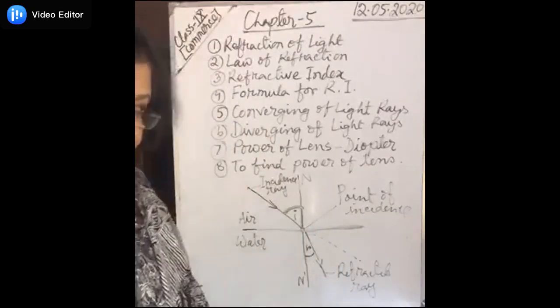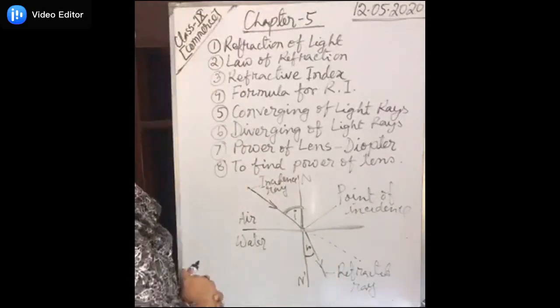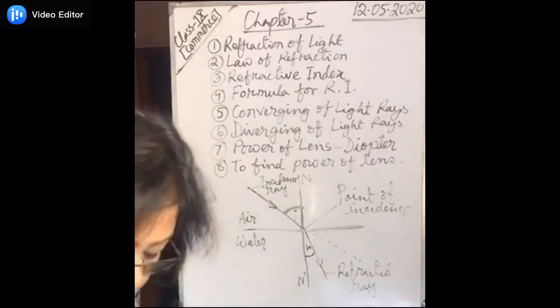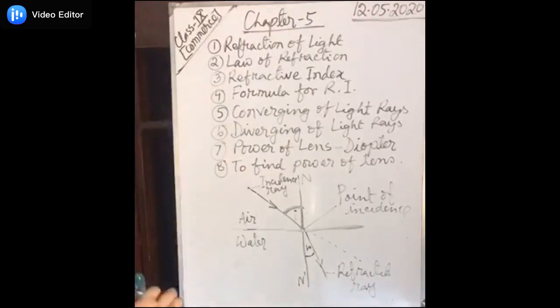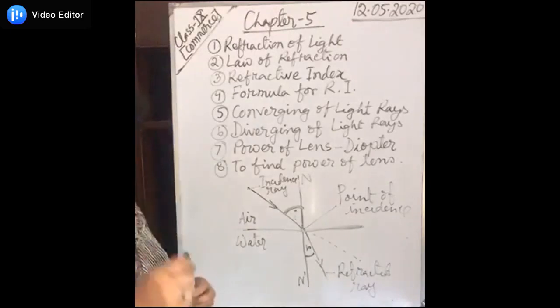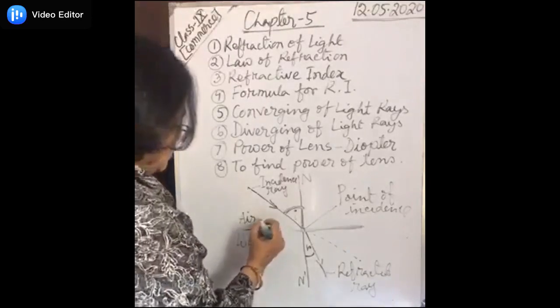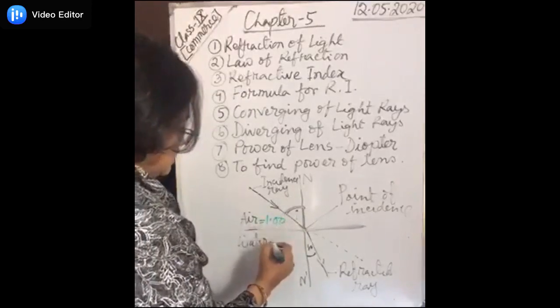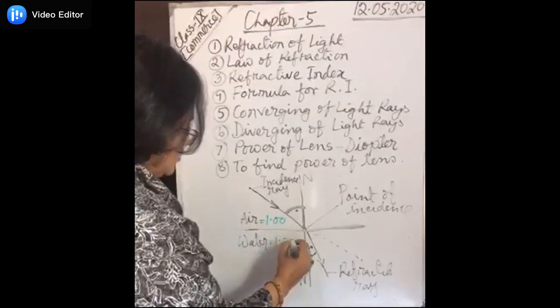Okay. Now come to the formula for the refractive index. Every medium has a definite refractive index. The refractive index of air is 1.00 and water is 1.33.